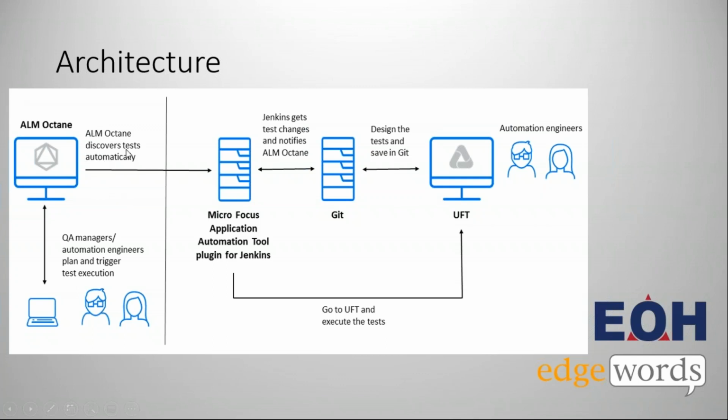Now, the execution of automated tests through ALM Octane is done by continuous integration tools, so Bamboo, TeamCity, Jenkins, TFS, etc. So we're going to be using Jenkins. In next week's webinar, we're going to be looking at how we integrate Jenkins with Octane and then use that to execute our automated tests, our UFT tests.